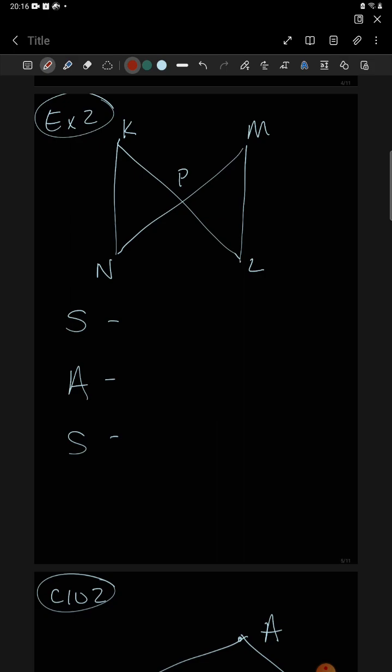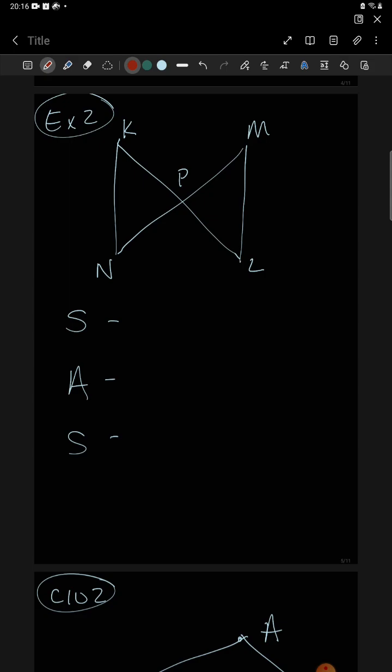Let's read this postulate. If two sides and the included angle of one triangle are congruent to two sides and the included angle of another triangle, then the triangles are congruent. Okay, so we're looking at triangle ABC and triangle EFD.